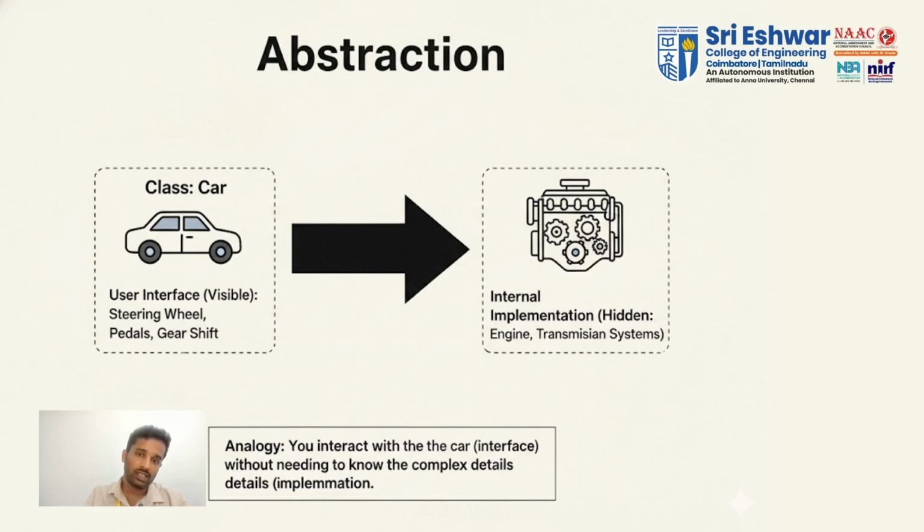So how can we achieve the same thing in a program? As we saw in inheritance, we can have a superclass and subclass where the superclass properties will be inherited by the subclass, right? In the same way, in the superclass we can have an abstract class so that the function may be declared but not defined.